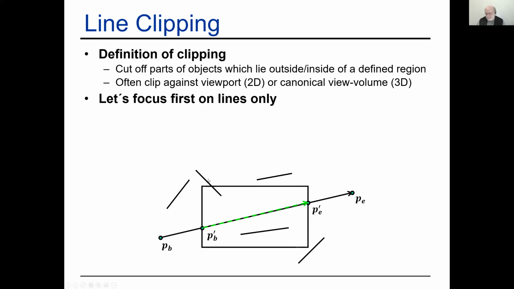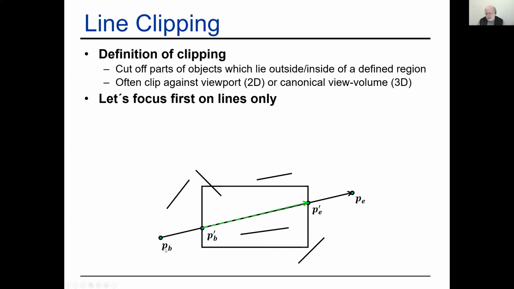Of course, you have cases where just one end of the line is inside, the other is outside. So in this case, we need to figure out the point where the line leaves the screen. And we have those cases where both the beginning and the end of the line will need to be cut off, and we need to figure out the new point where our clipped line starts.